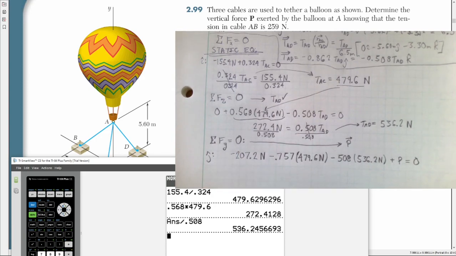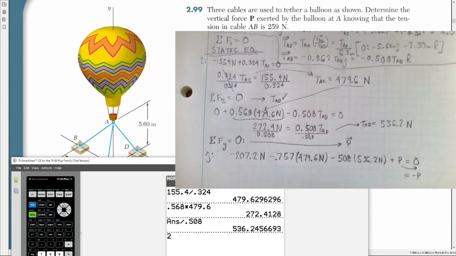So now to calculate P, I'm going to simply move P to the other side, making it negative P in the next step, and then calculate what this number is, and then we'll be able to divide by negative 1 and determine what the value of P is.